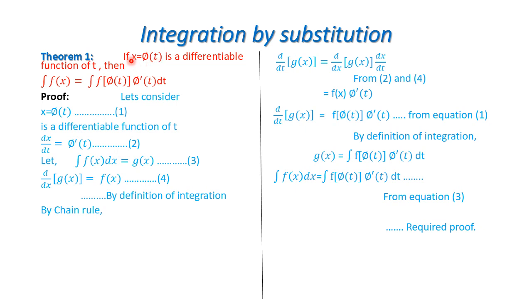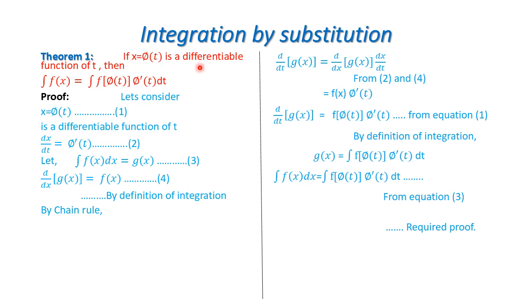So the theorem is that if x is equal to phi of t, meaning x is a variable, and we define x in terms of another variable, that is t, and phi of t is a differentiable function of t, then the integral of f(x) dx is equal to the integral of f of phi of t into phi dash of t into dt.